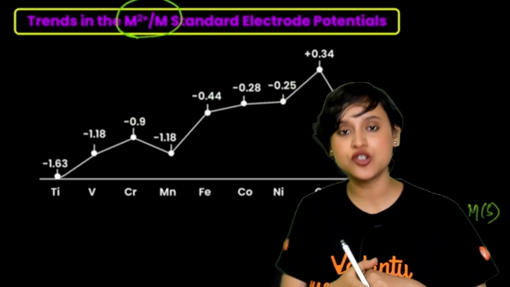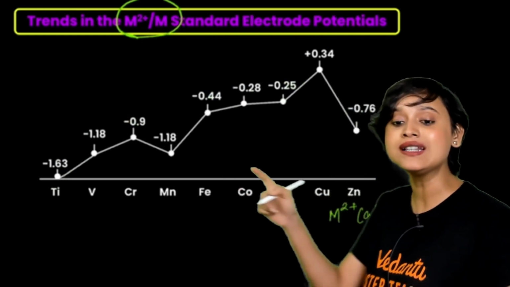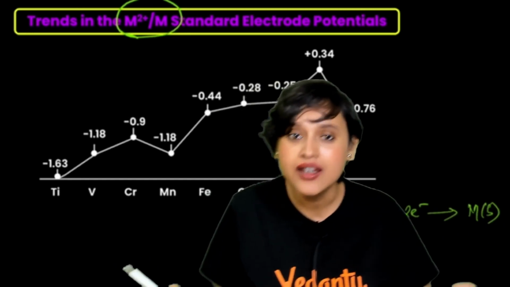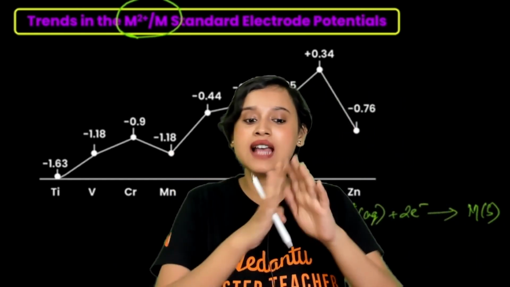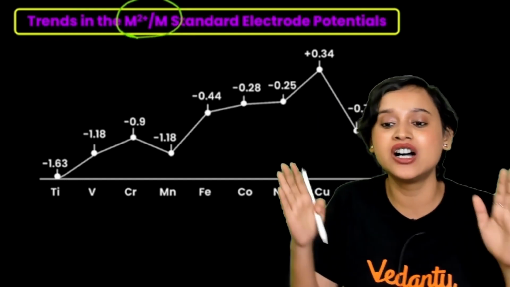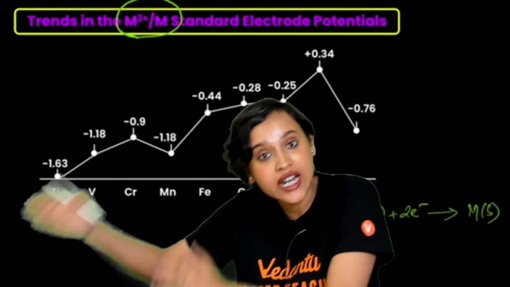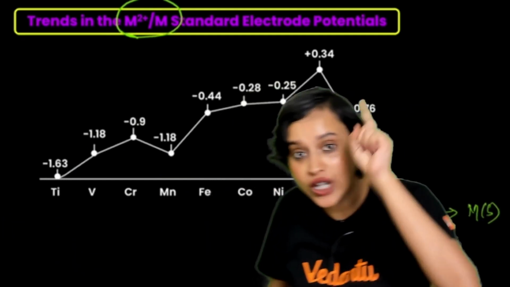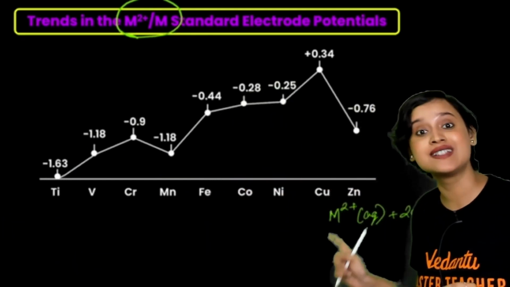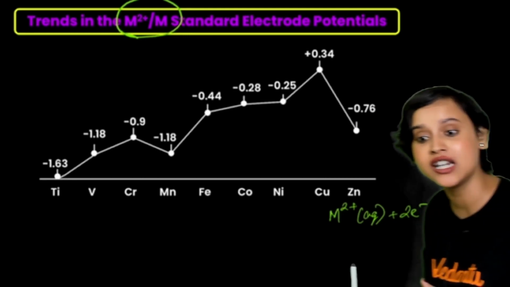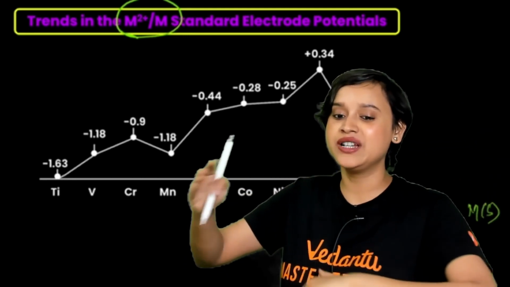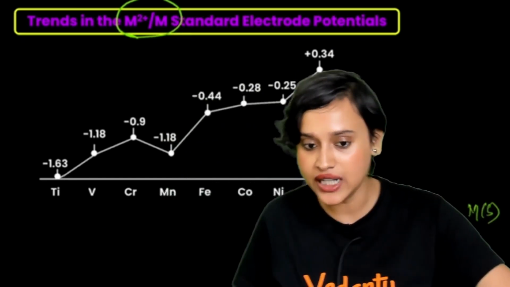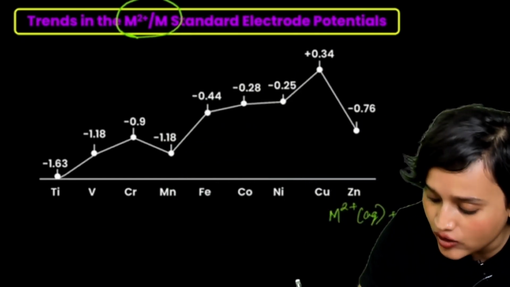Now the standard electrode potential, if you look at it carefully, you will see that there is no regular trend. Why? Because the D block elements actually do not have a regular ionization energy trend or sublimation energy trend. That means due to the irregularity of the ionization energy and the sublimation energy, the transition elements also have irregular standard electrode potential. Are you understanding? So let me write that down here. What am I saying?